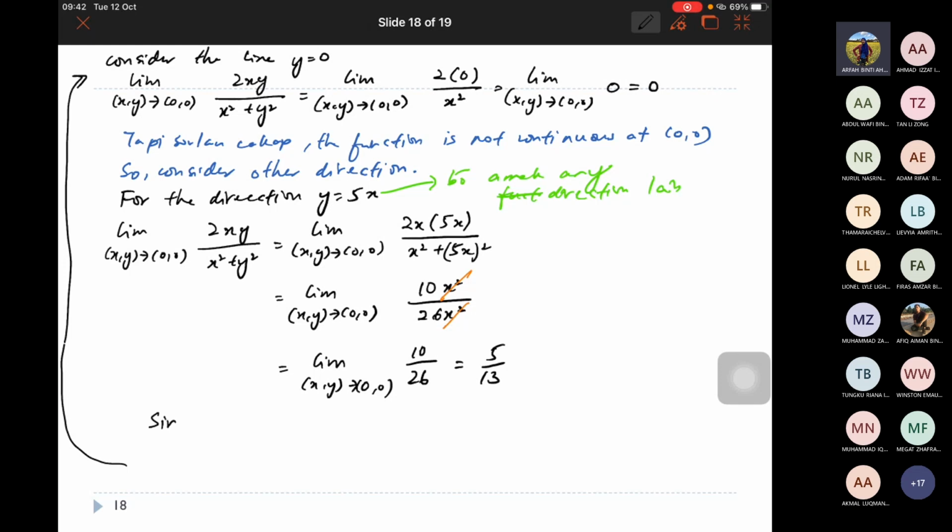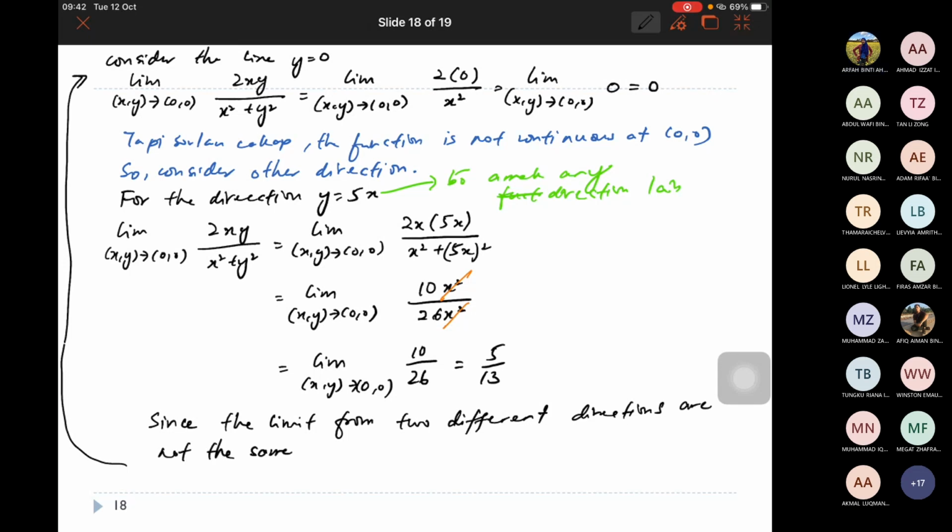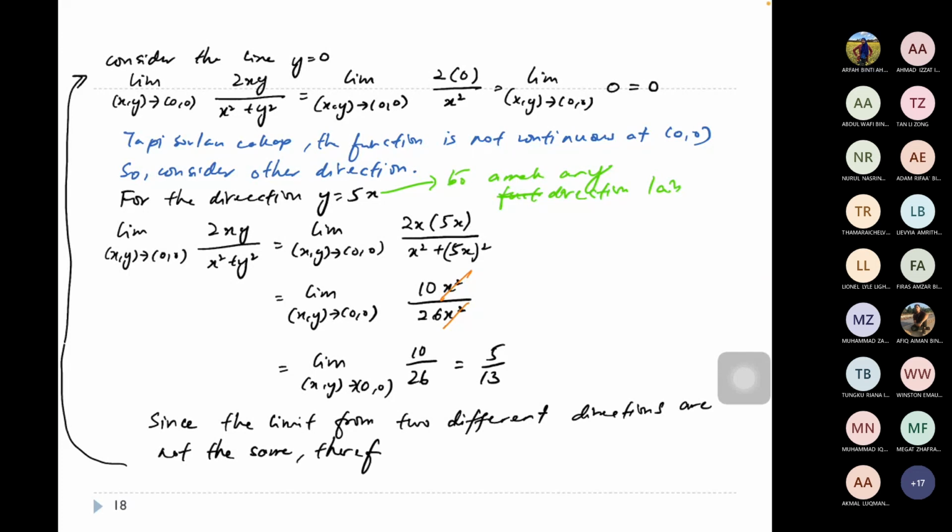Okay. Since the limit from two different directions are not the same, therefore, so the limit of xy approaches 0 of 2xy over x squared plus y squared does not exist.